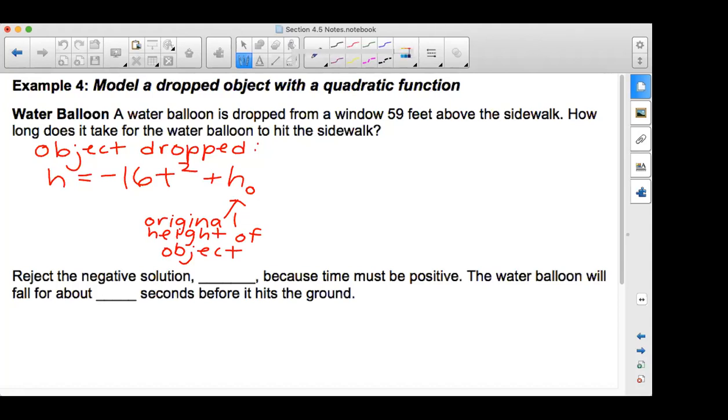That t is time, and this h is the height, the ending height. So this is the quadratic that represents an object dropped.